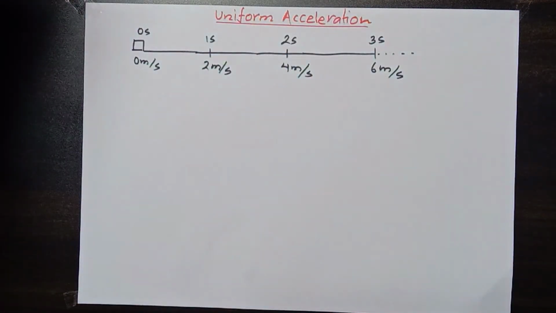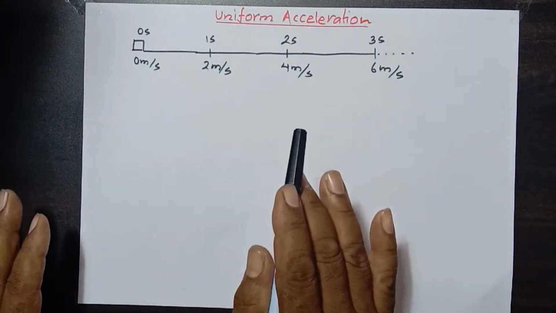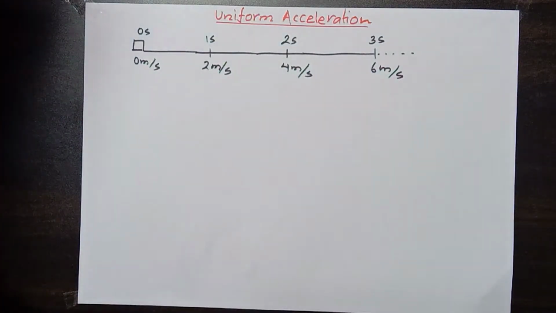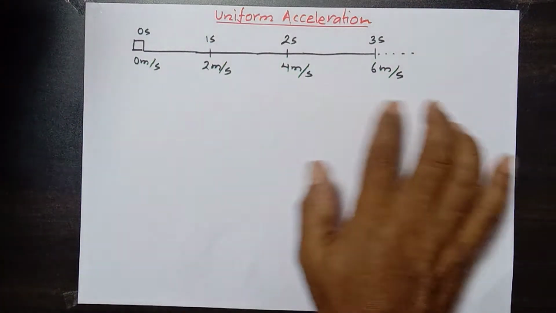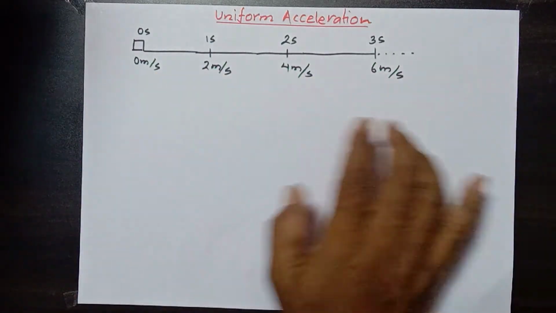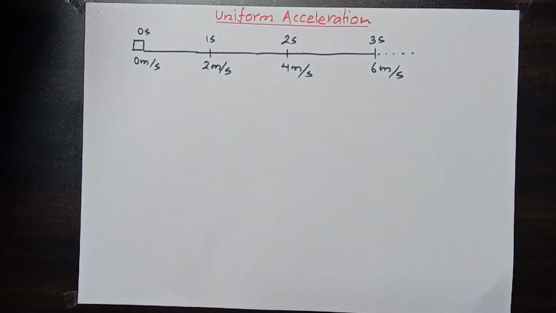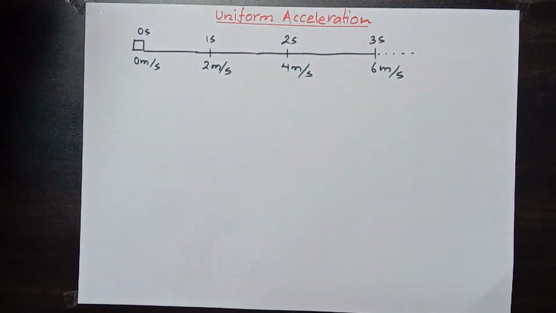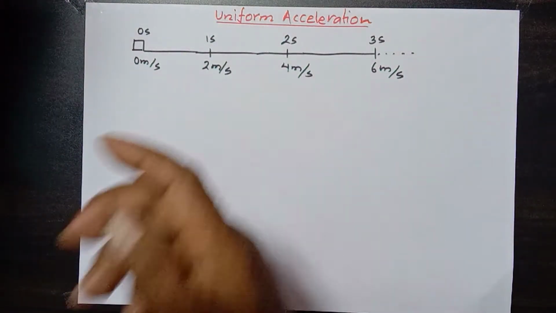It means in equal intervals of time, the change of velocity is the same. It is moving in such a way that its velocity changes in equal amounts in equal intervals of time. If we see these values, then we can understand easily that the change of velocity is 2 meter per second in every 1 second.